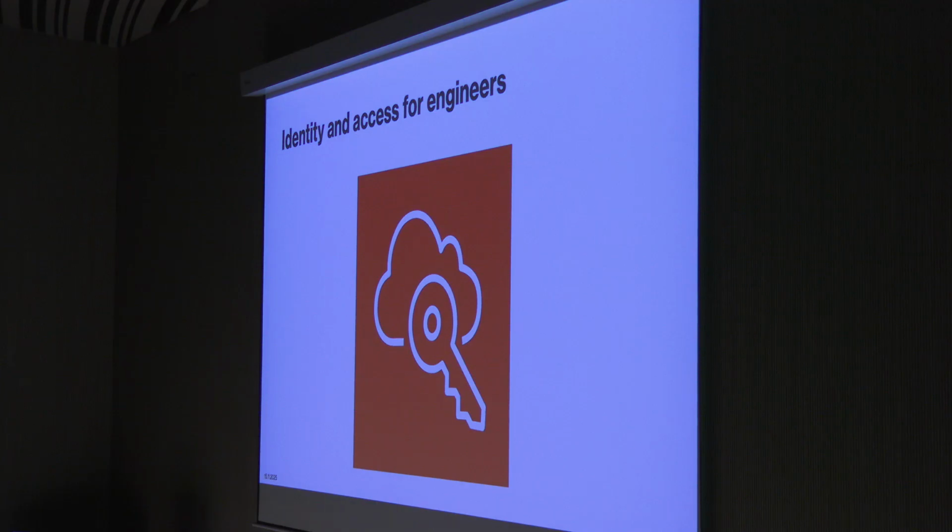And so once we have these organization-wide guardrails in place, we can jump to the second topic, which is identity and access for engineers. To ensure the right people have access to the right resources under the right conditions, we need a robust access model.